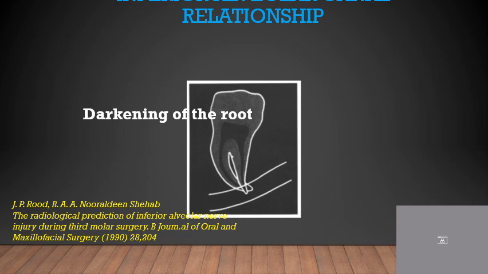Coming to the root criteria, it is given by Rood and Shehab. They have given some categories for the radiological prediction of inferior alveolar nerve injury during third molar surgery.